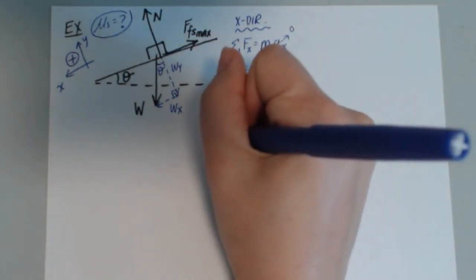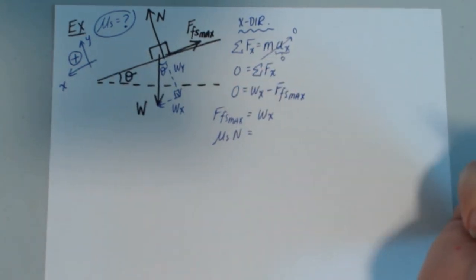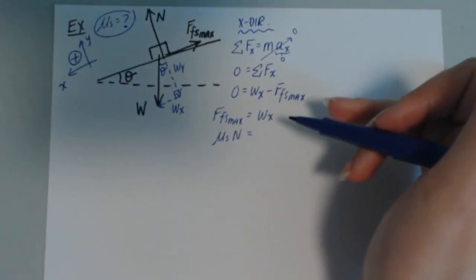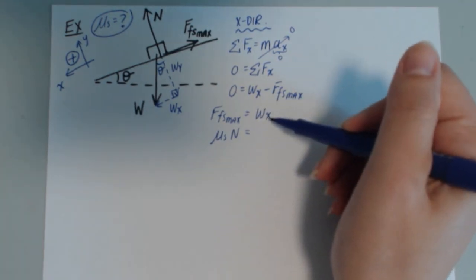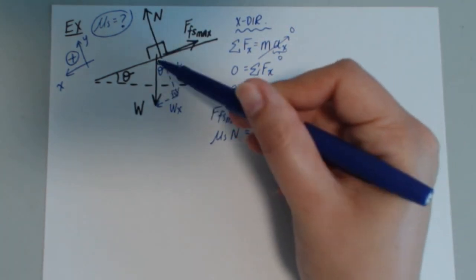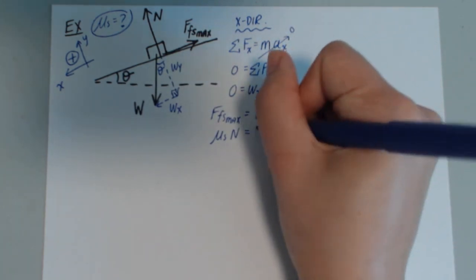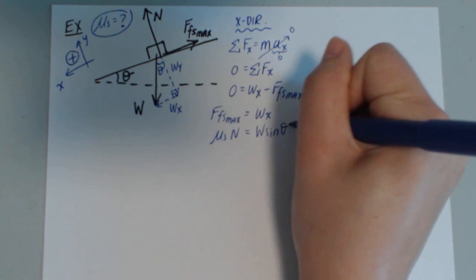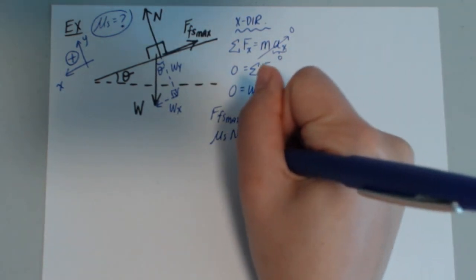Okay, so this is going to be mu s times N on the left, and wx, always rewrite the forces, the components, in terms of their original force. So wx would be w times sine of theta. Now, what is w? W is mg, right?